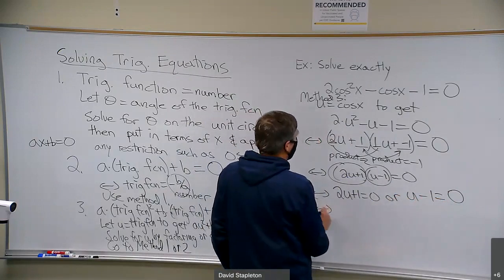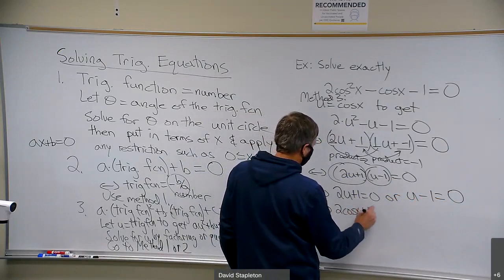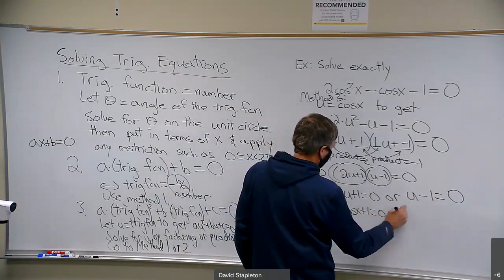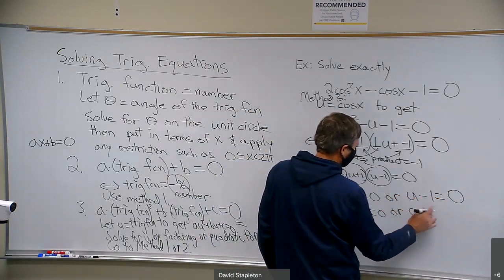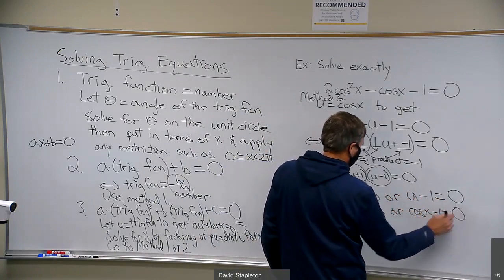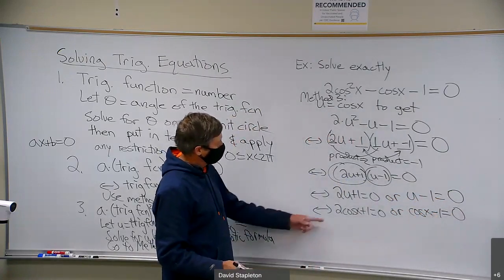And then I can put back u equals cosine x. I've got 2 cosine x plus 1 equals 0, or cosine x minus 1 equals 0. And by factoring, I've reduced this to 2 linear equations.